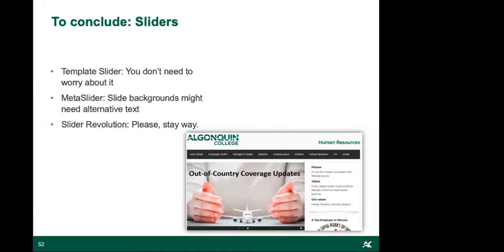So we have many old sliders running on Slider Pro that are not accessible. That's one of the reasons that we moved to Meta Slider. About Slider Revolution, just stay away from it, because making it accessible is not very easy unless you know what you're doing. So if possible, leave that to the web team.